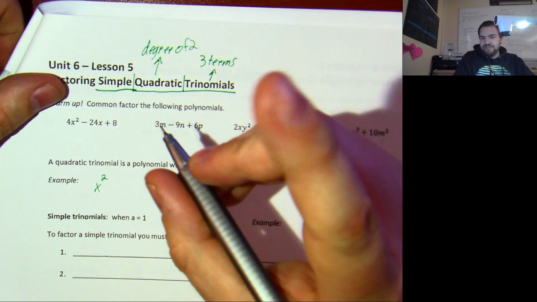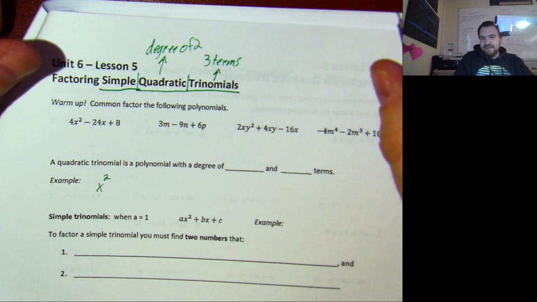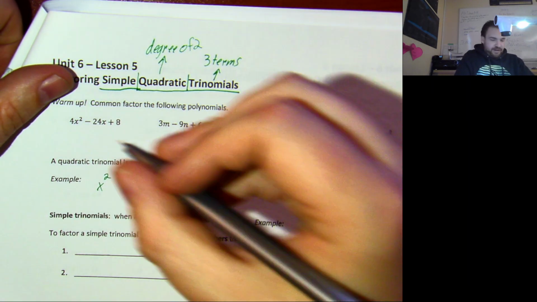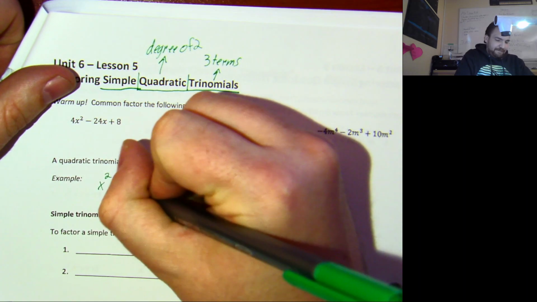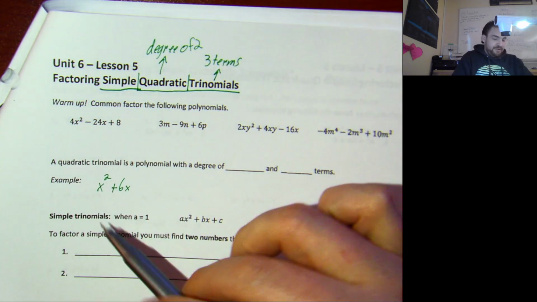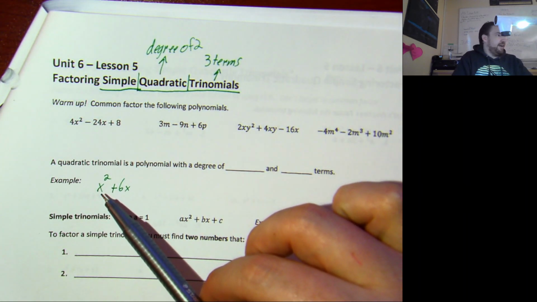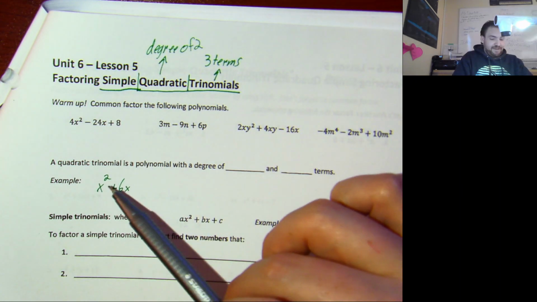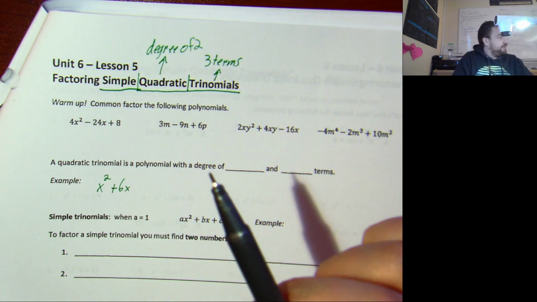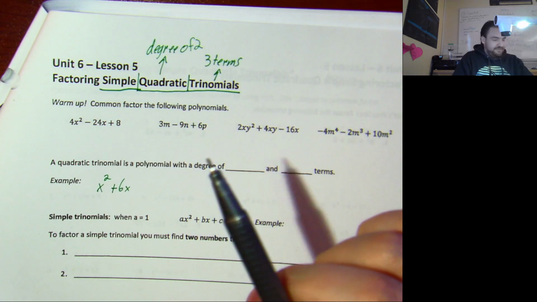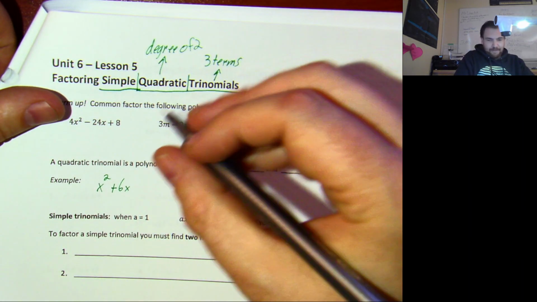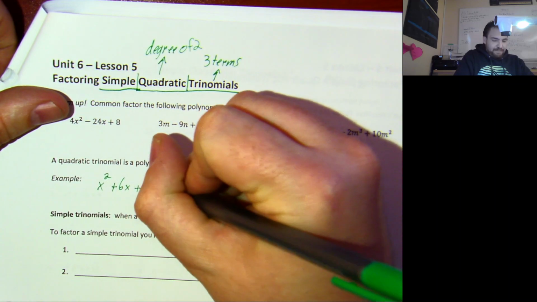I'll give you one here, because Danny's given us the first piece. X squared. Plus 6x. Well, when you're only adding one thing, it's just 2. X squared plus 6x plus 8.